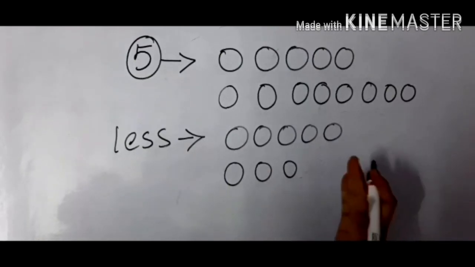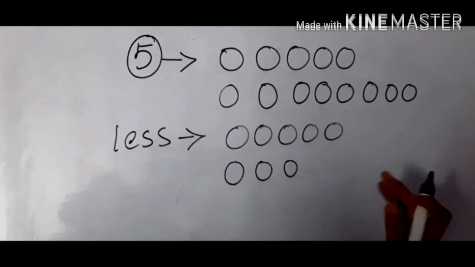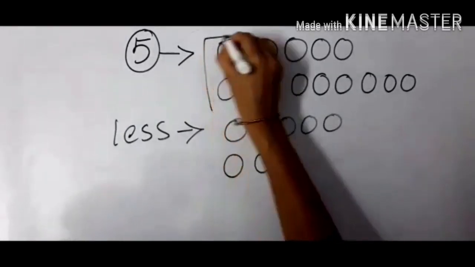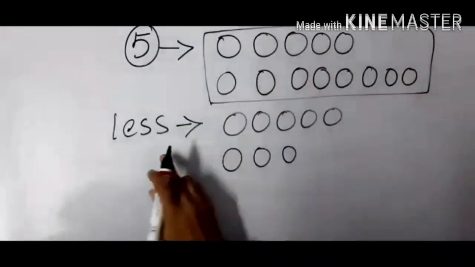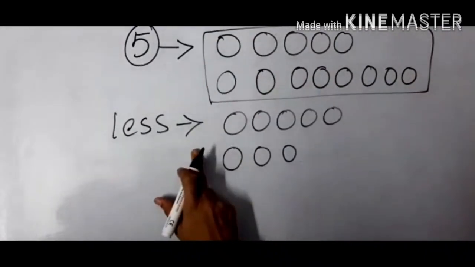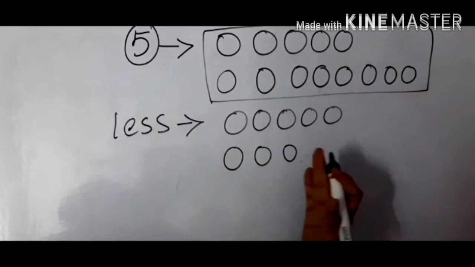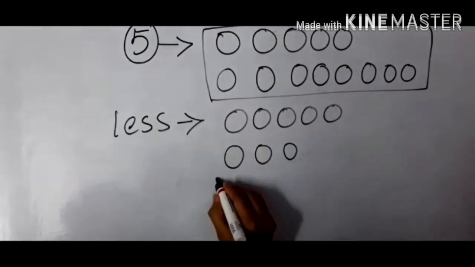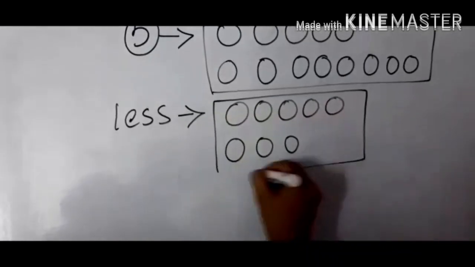If you take 5, it is equal to 5. If you take 6, 7, 8, it will go again to more than 5. Here we have to make less than 5 now. So we have to take before 5 whatever number is there, any one number you can take. Okay, this is less than 5.